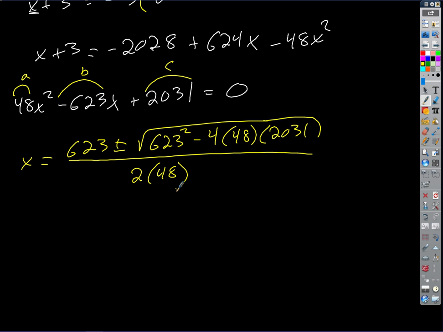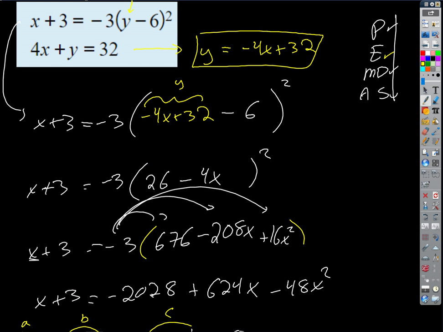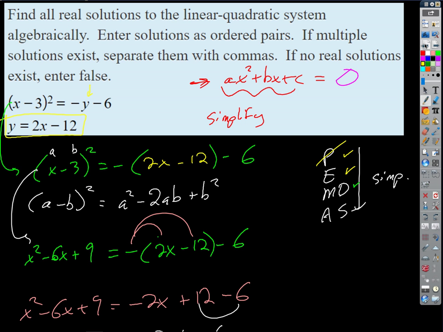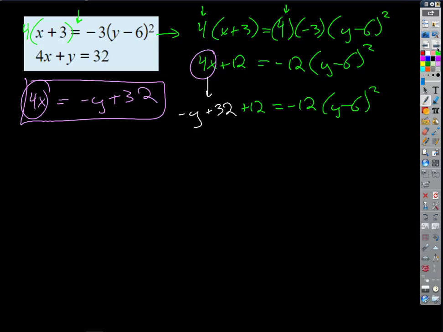So think what the directions were on this problem. Let's go back to the last one. The directions were find all real solutions, right? If they're not real solutions, what are we going to do? We're just going to enter false instead of having to do all that work. So what do we want to do first when we're solving this problem?